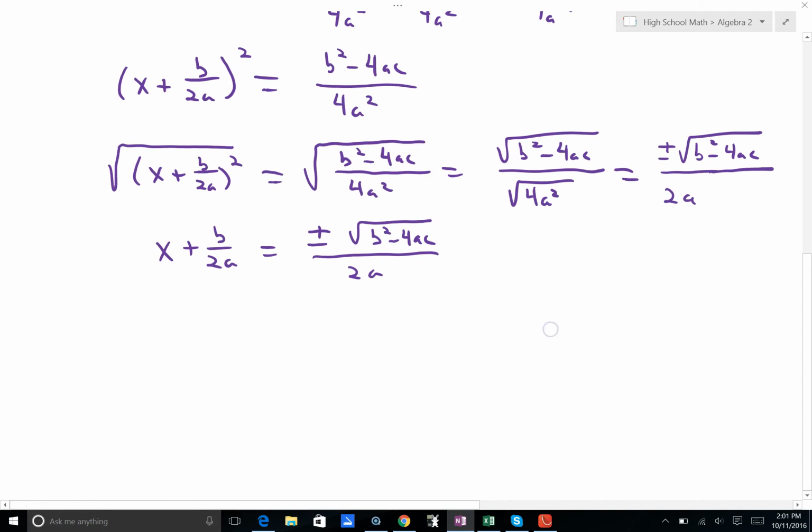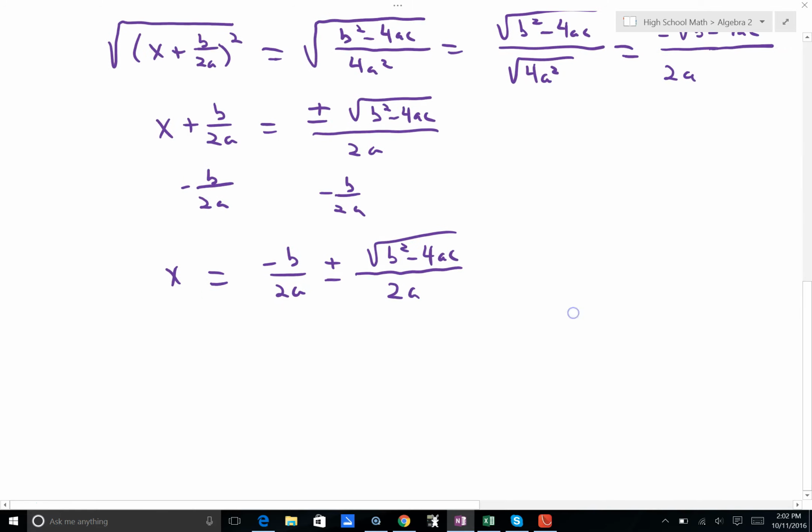All right, I want to solve for x. I will subtract this term, b over 2a, on both sides. So this yields x equals negative b over 2a, plus and minus the square root of b squared minus 4ac all divided by 2a.